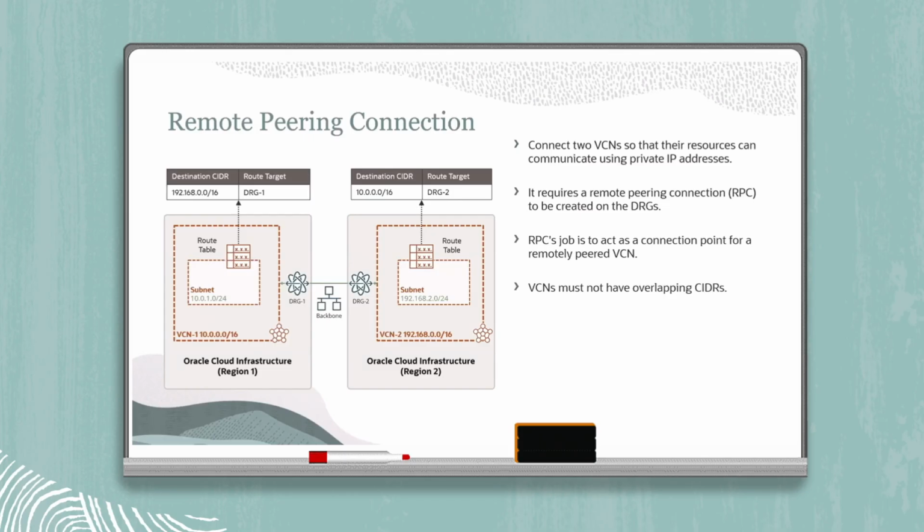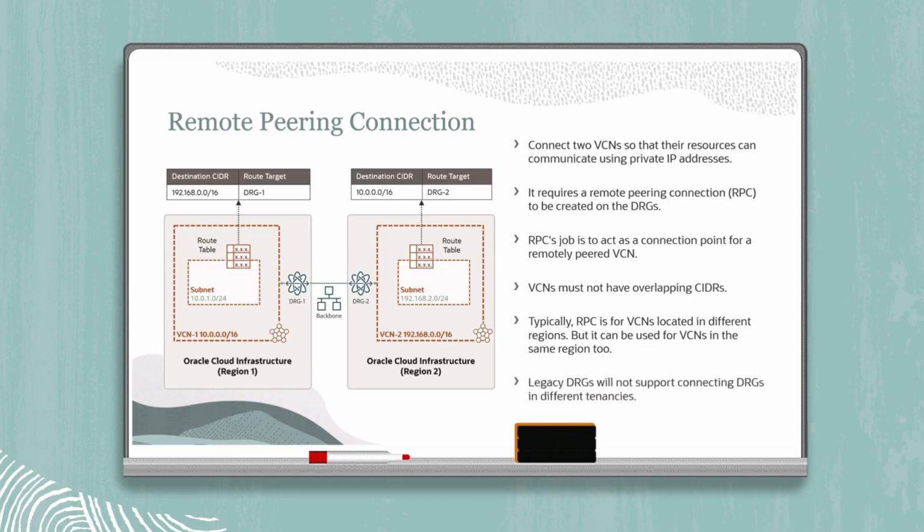The prerequisite that I mentioned at the very start, be it local peering or remote peering, is that the VCNs must have non-overlapping CIDRs. So one thing to note here is that the remote peering connection is typically meant for VCNs that are located in different regions, but technically they can also be used for VCNs in the same region. And there are two ways in which you can use remote peering connection.